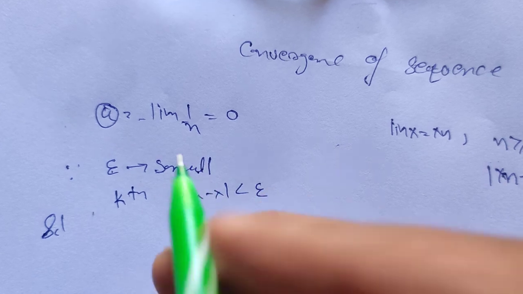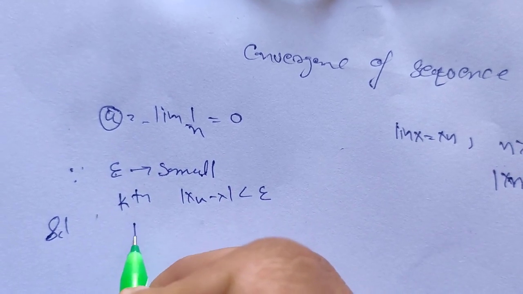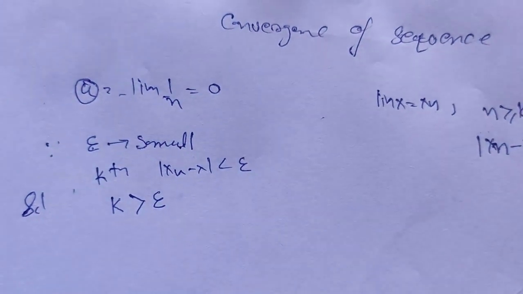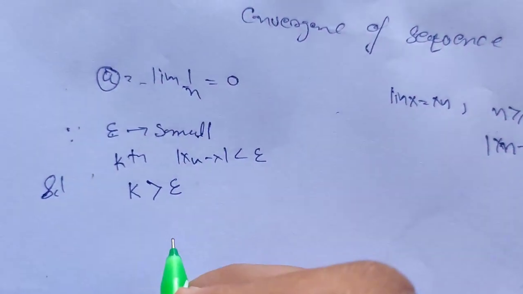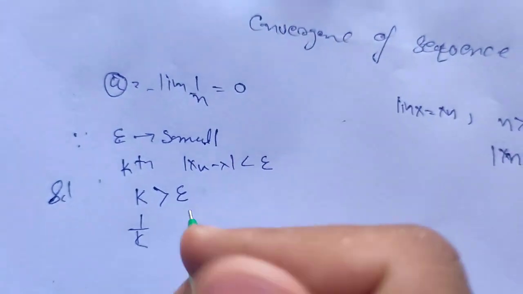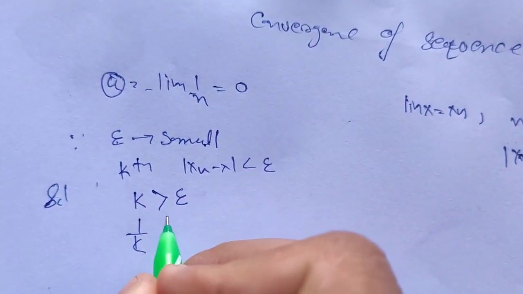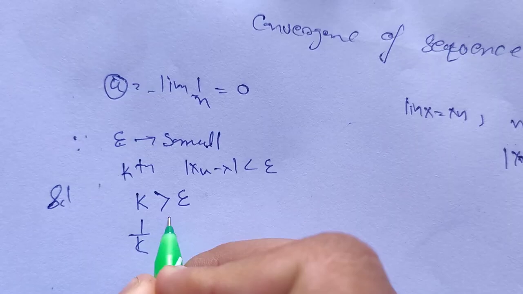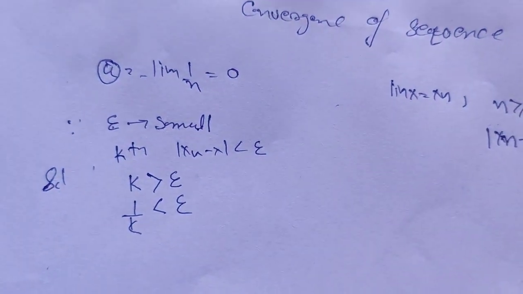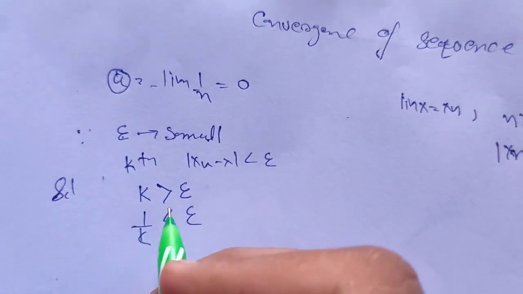Since epsilon is small, k is a large number, greater than or equal to 1 upon epsilon, and if I take the reciprocal, 1 upon k is less than epsilon, because with a large number the value decreases.